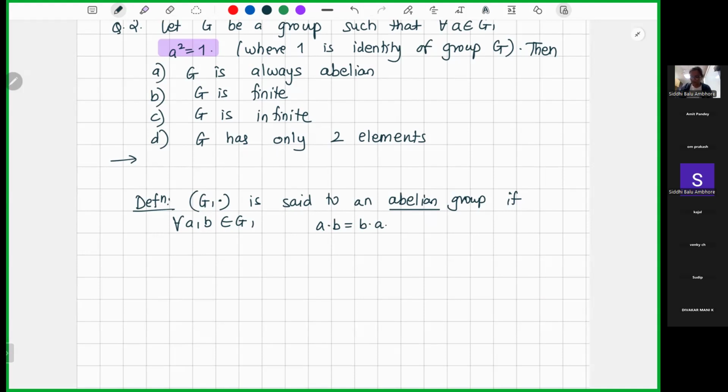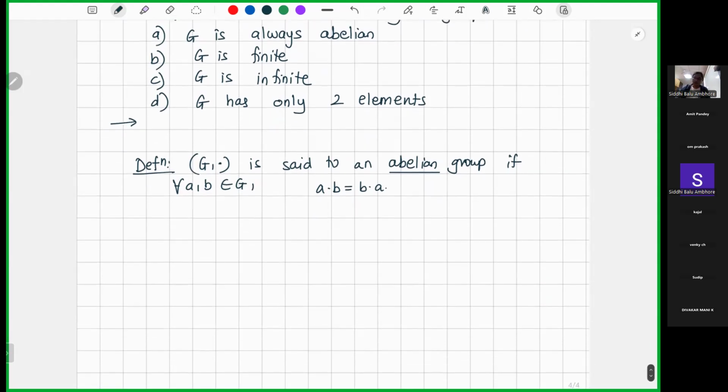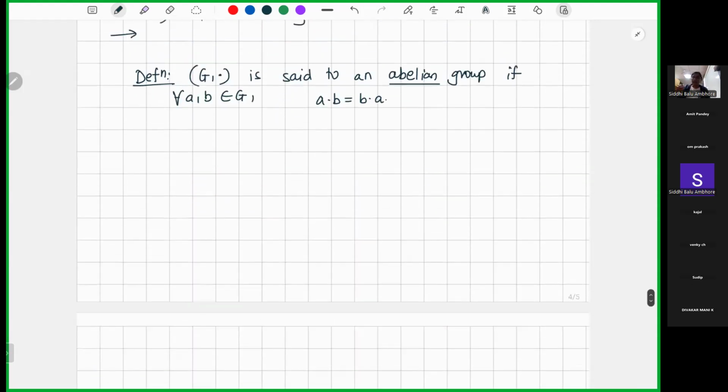So we have to prove that G is always abelian. If I want to prove that AB is equal to BA, I have to start with AB. So let A comma B be in G. Once I have A comma B in G, it implies that A square is 1 and B square is 1, right?